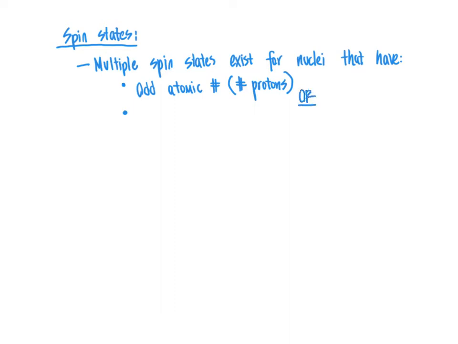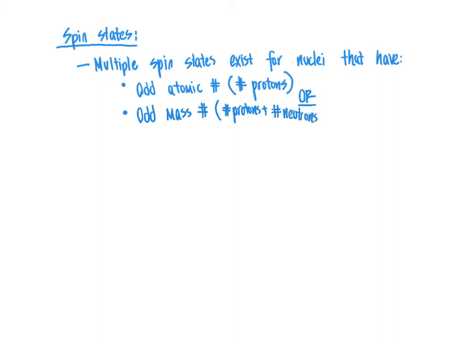Alternatively, or additionally to having an odd atomic number, another way to result in a nucleus that can have multiple spin states is that that nucleus has an odd mass number. Remember that mass number refers to the sum of the number of protons plus the number of neutrons.